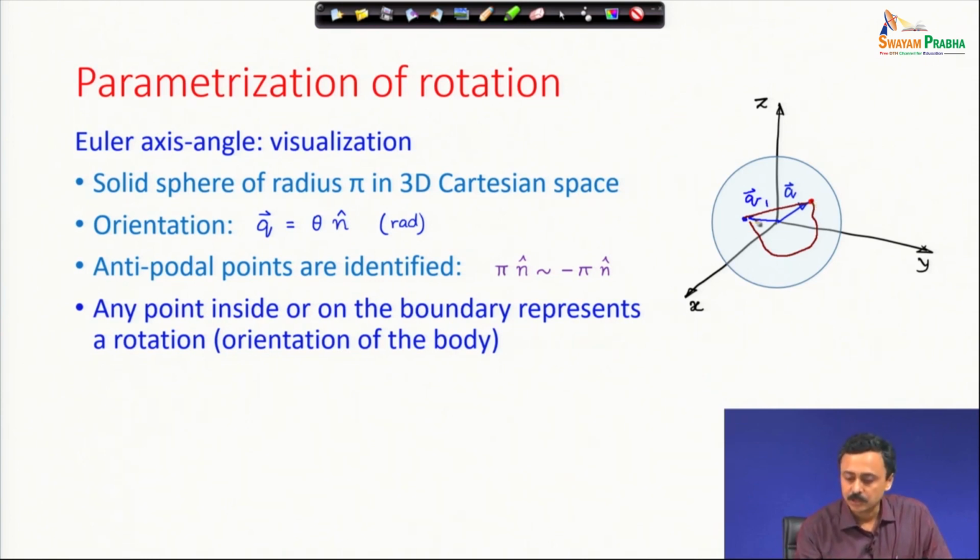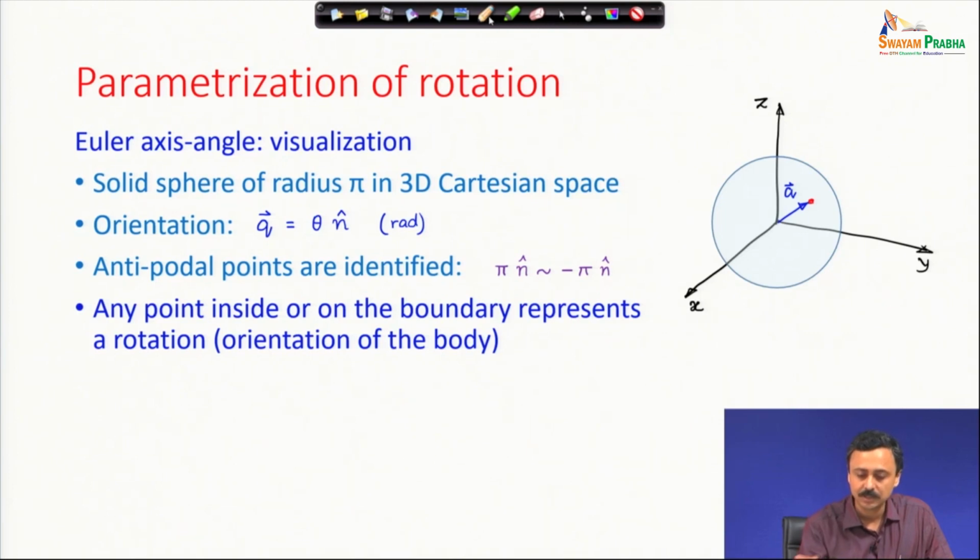Interestingly, you can also think of paths that go out and reach the surface of the sphere, and come back, because that point is the same as its antipodal point, it is identified with the antipodal point, and from here you come back and join the new orientation.